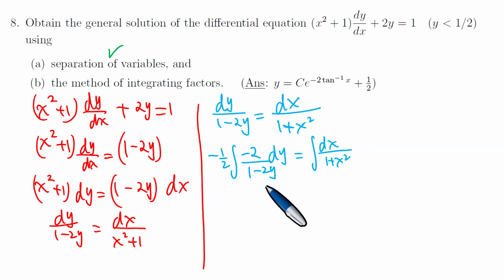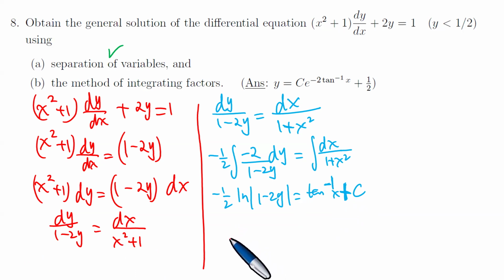Now the derivative of this is minus 2, and this minus 2 cancels with the minus half, and then it gives 1. So you still have that back. So you integrate this, which is minus 1/2 ln of 1 minus 2y. The integral of this is arctan x plus c.